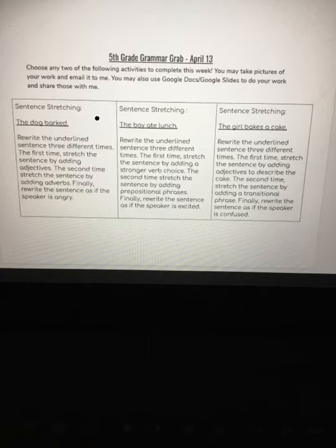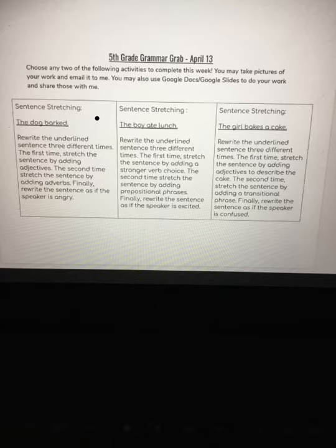And then the second time it's asking you to stretch the sentence by adding adverbs. And then finally rewrite the sentence as if the speaker is angry. Now think about how you can make the sentence sound angry. You could add punctuation, you could add certain word choices. So there are many different ways that you can make that sentence angry. So be creative when you guys are stretching that sentence.